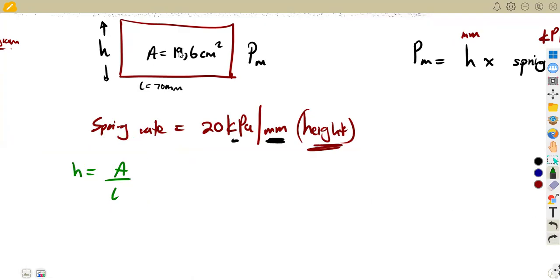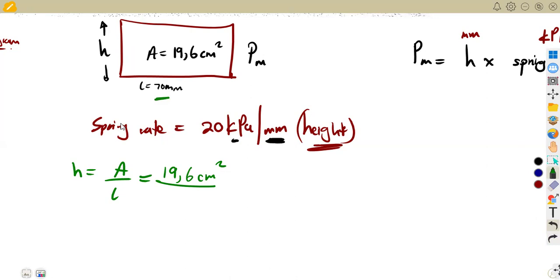Most of you find it difficult to convert square units in terms of area, maybe to square millimeters. So it is best that you just change what you are used to. You can leave the area as it is in square centimeters and change the length to centimeters.